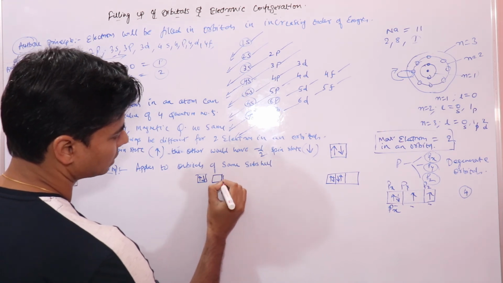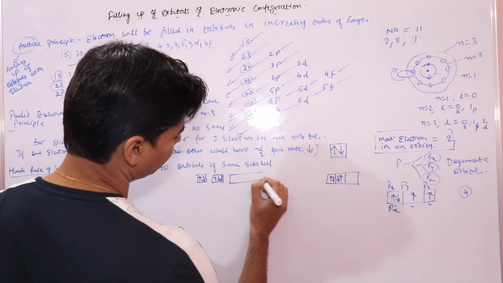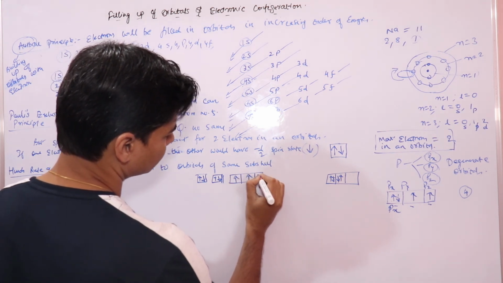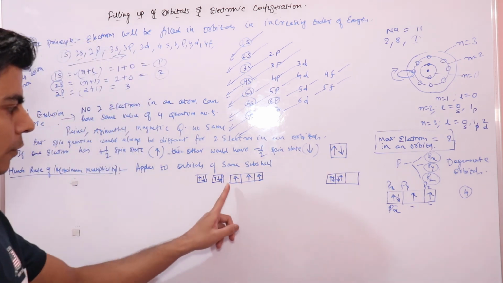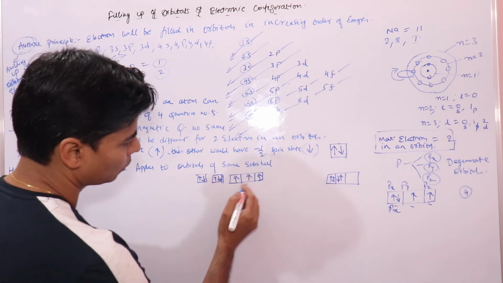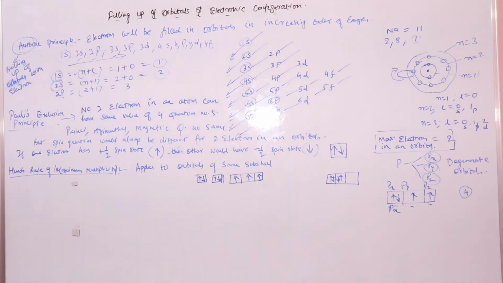Nitrogen has atomic number 7. Now if we look at the p subshell, what would be its total spin?